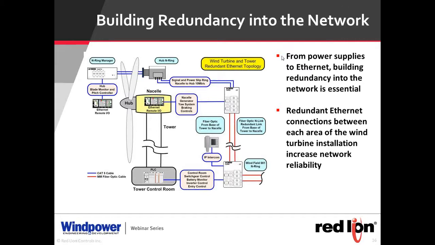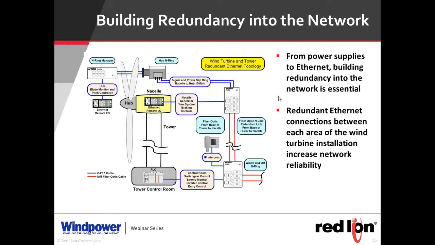You'll see in this example, typically there's a switch up here in the hub, and then it goes through a slip ring into the nacelle. From the nacelle, where all the sensors are feeding data into the switch, it goes down to the tower. Typically down the tower, there's another switch. So we recommend in the tower that there are redundant links, so that if there is a point of failure, there's another path to get the data out.